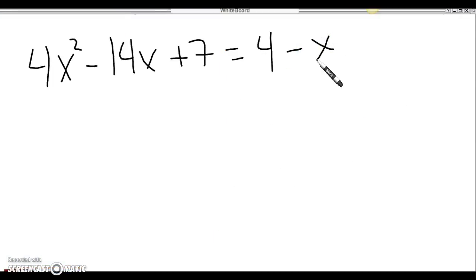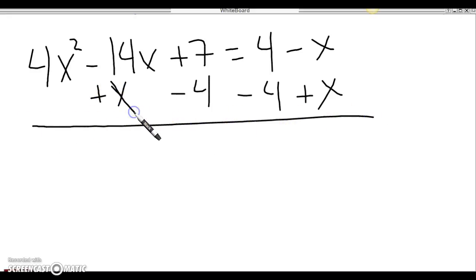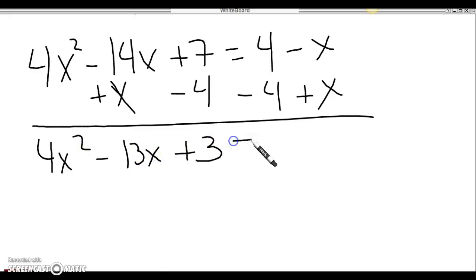So I am going to subtract 4 from both sides and add x. So I'm going to subtract 4 here and add x there. And I get 4x squared minus 13x plus 3 equals 0.